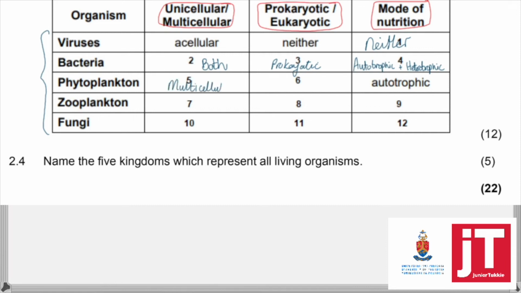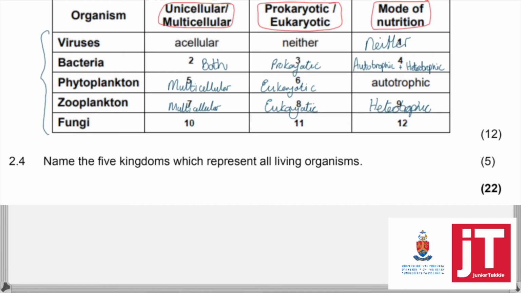Phytoplankton, they are multicellular organisms, they are eukaryotic and autotrophic, so they manufacture or make their own food through photosynthesis. Zooplankton, also a multicellular organism, eukaryotic in nature, and they can be heterotrophic in nature.